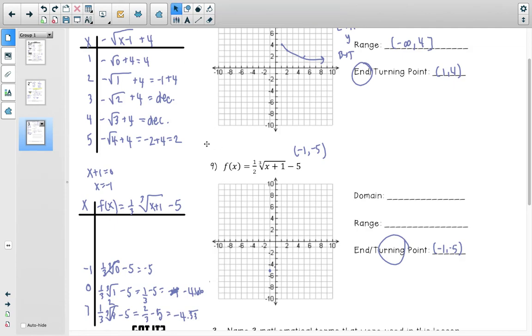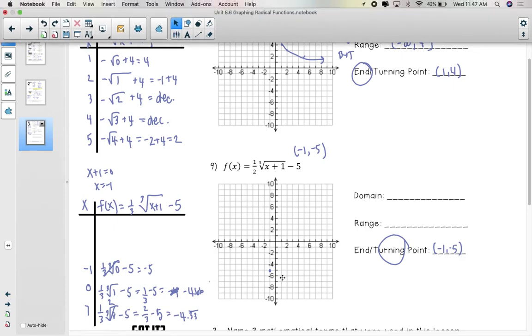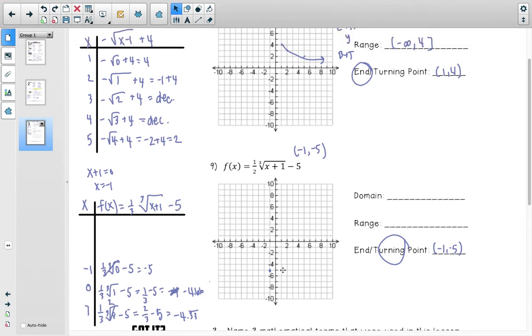So this thing is not going to grow very much, and that's because that 1/3 is compressing it. So we have a point somewhere in here, and then clear at 7, we have another point right here. You're going to notice this thing's not going to grow very much on that side, so this is going to look really bad. Let's just do negative 9, because negative 9 plus 1 is negative 8.